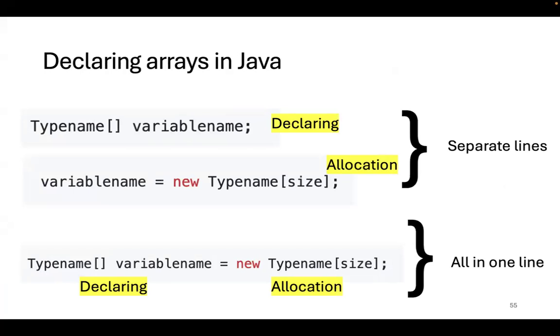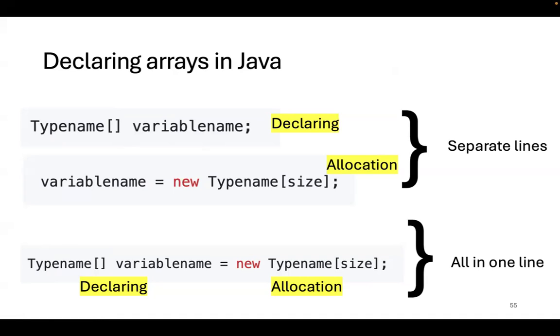With regular variables there's declaring and initializing. With arrays, we have two main steps: declaring and allocating. We still have to declare it, but this time we add some empty brackets after the type name.